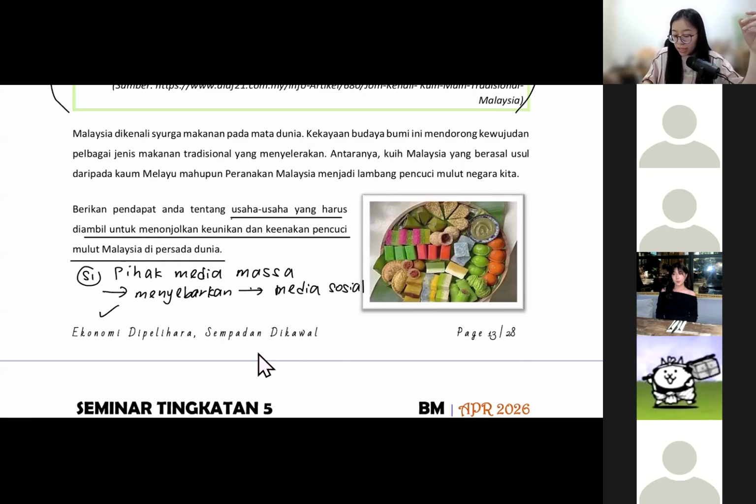For example, you find the celebrity is also under here, to eat the foods, then the food becomes famous already. Okay, then if you want to say masyarakat, what can masyarakat do? Apakah yang boleh dilakukan oleh masyarakat?